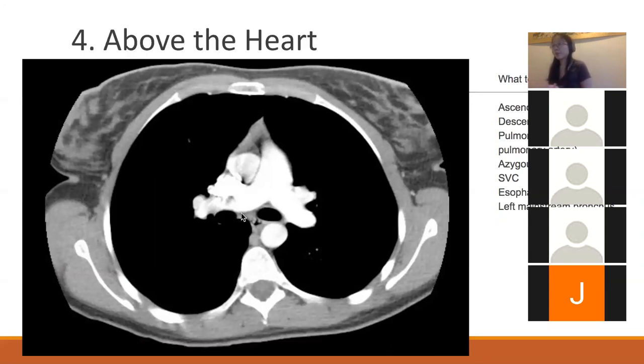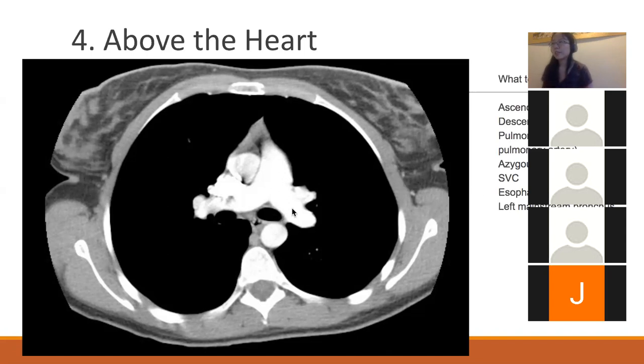Okay, so in this image, which direction is left and which one's right? Remember that we're taking these CTs, imagine looking from the feet up, right? So we're looking down and through the feet, upwards at the patient. So this would be the right side of the patient, this would be the left side of the patient.